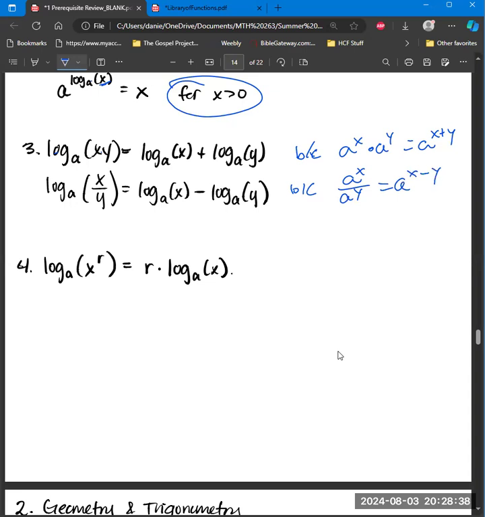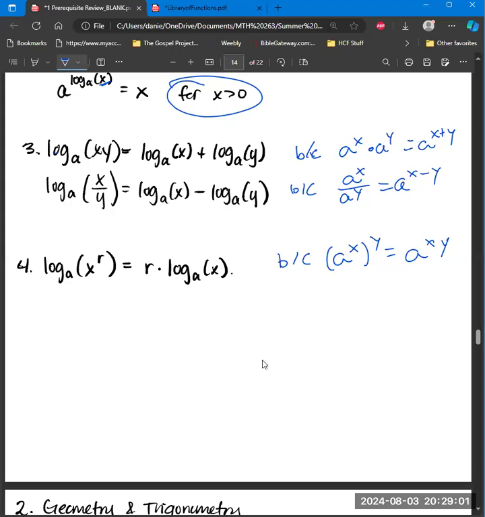And this one is because a to the x raised to the r, if we're going to use r here, is going to be a to the xr. I like using y here and saying xy. This is the same rule as before.